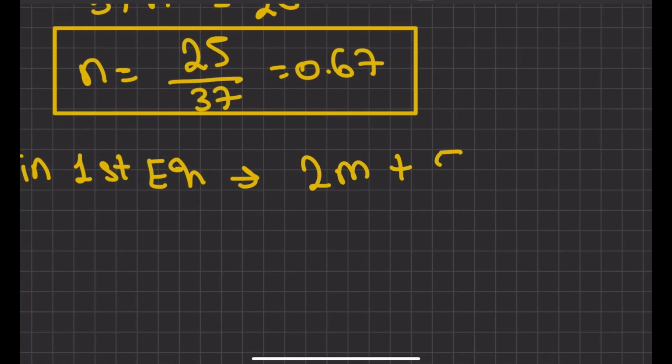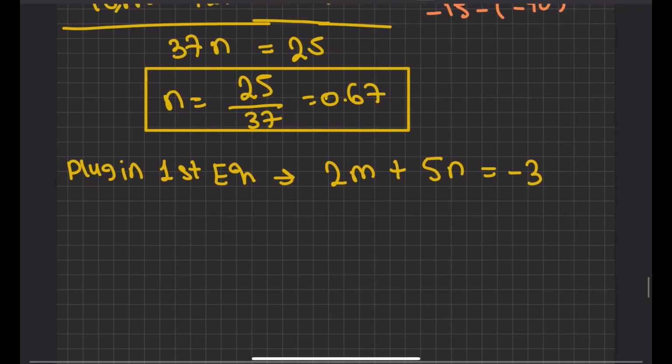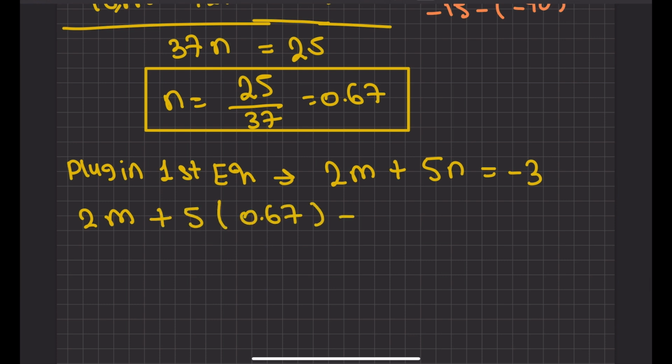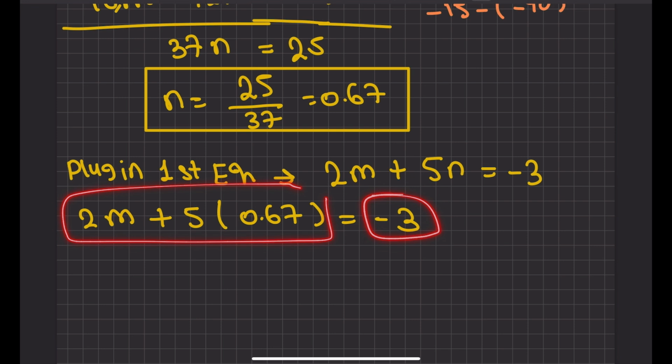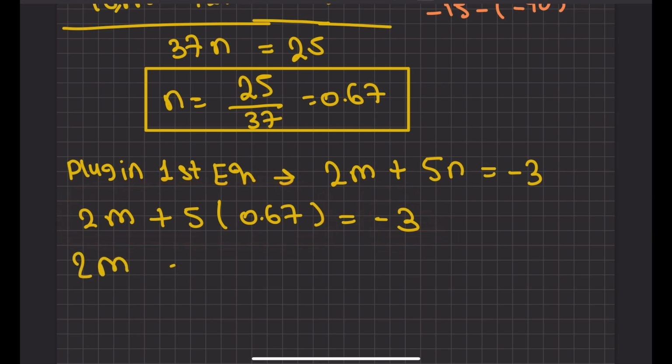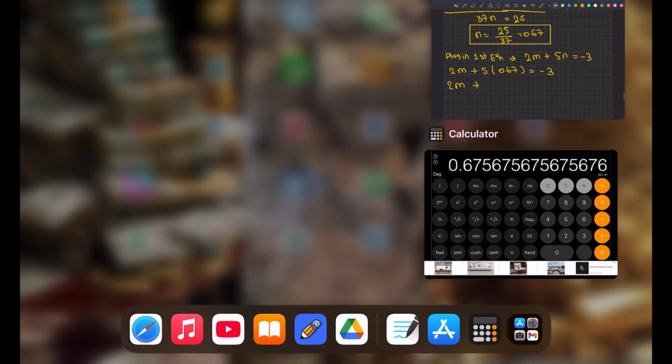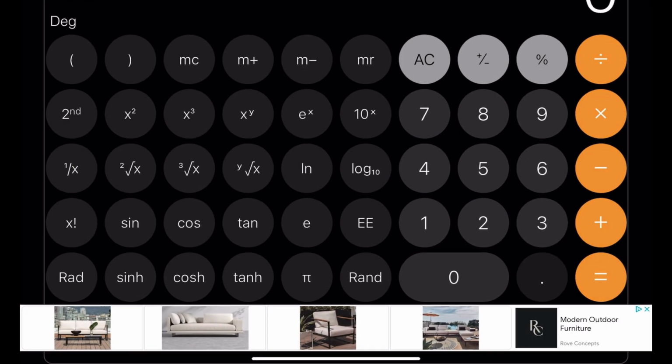So I'm just going to write down 2m plus 5, and instead of n, I'm going to write 0.67, equals negative 3. We have to solve the left side and see if it's equal to the right side. So it's going to be 2m plus 0.67 times 5.